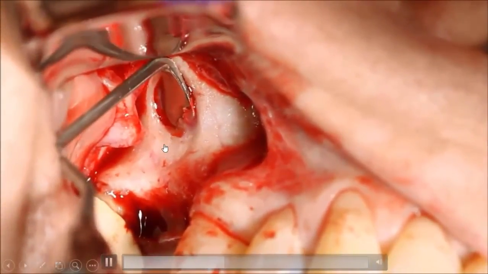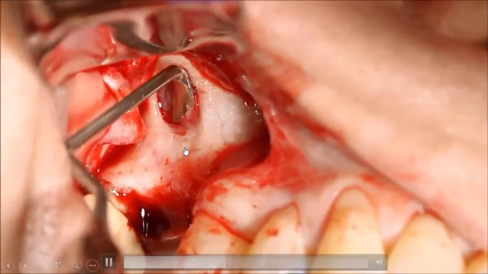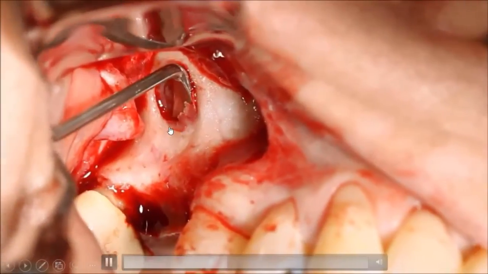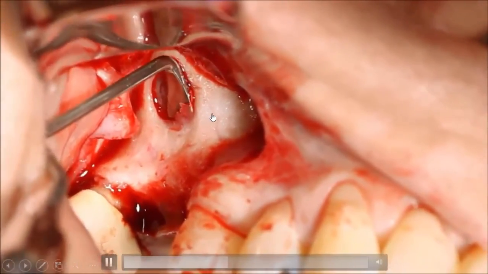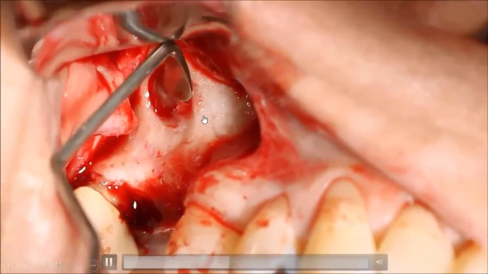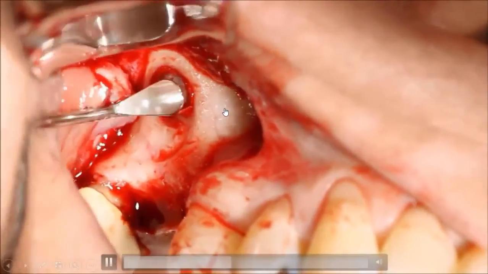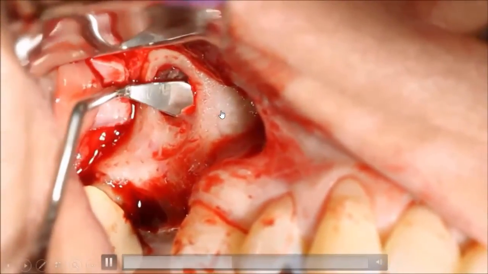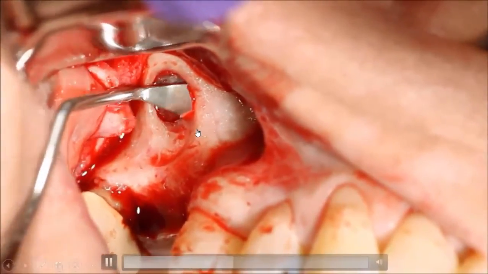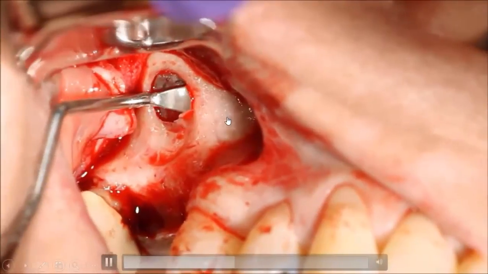Now I'm doing the floor of the sinus, resting on the bone and gradually releasing the membrane. لو ببين معنا الميمبرين كيف عم بندفش.